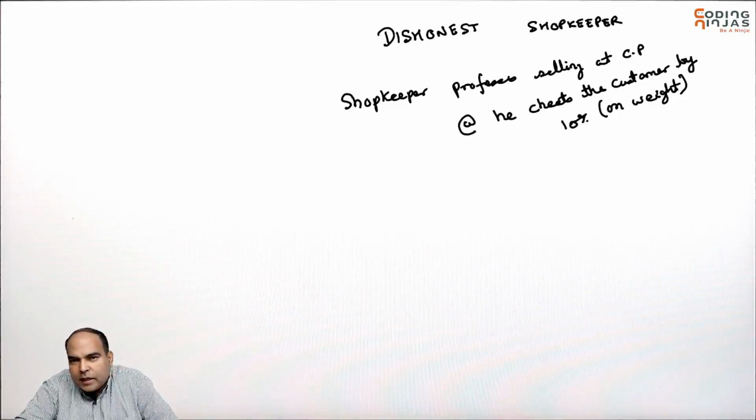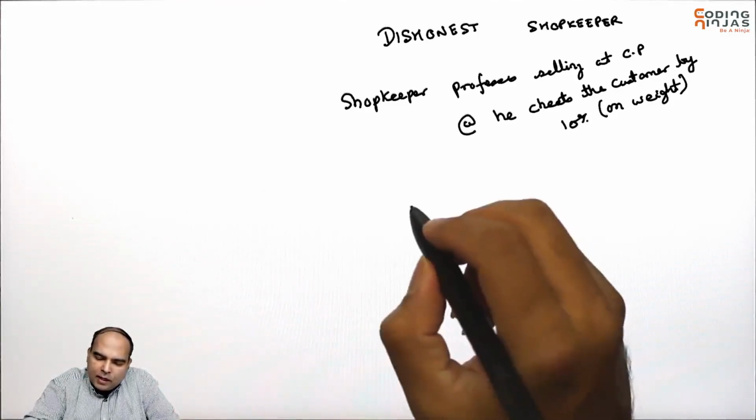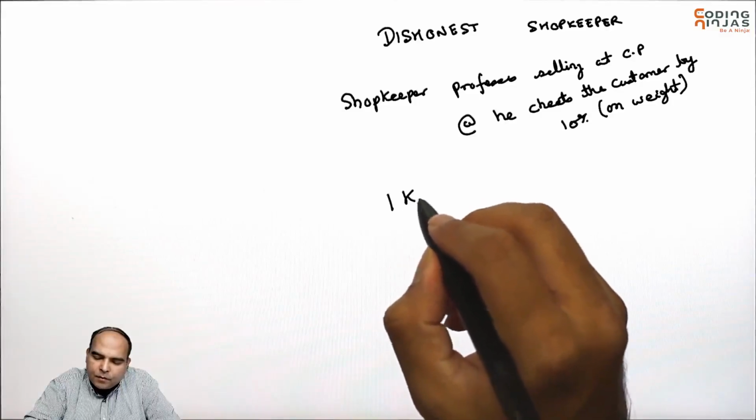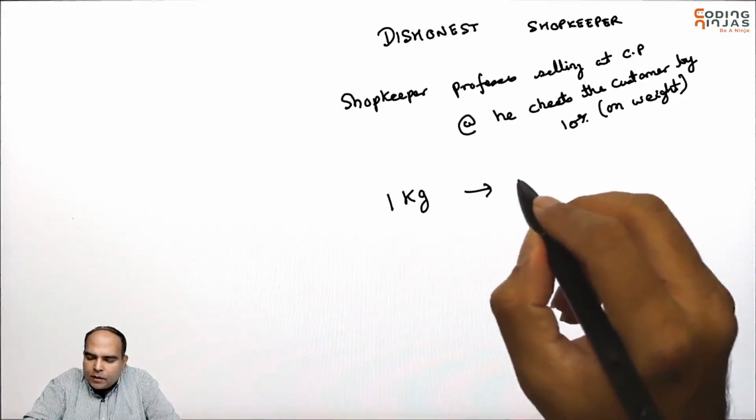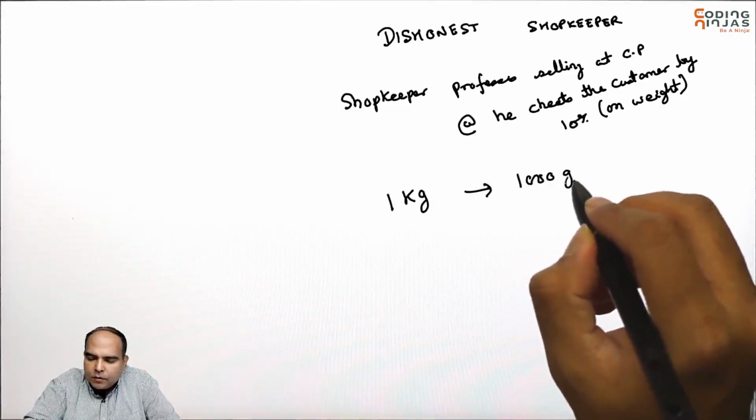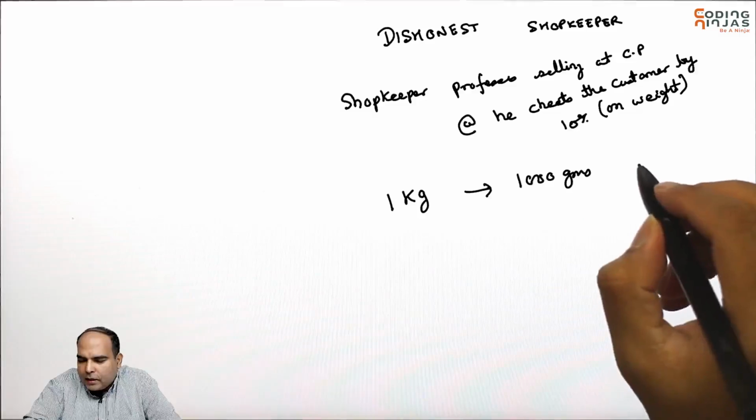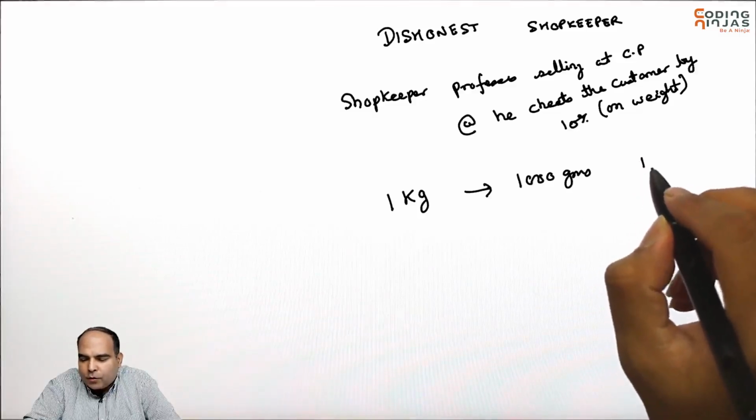In this case, the best way to think is that you assume he is selling 1 kg. 1 kg means 1000 grams. And you assume that the price of each gram is 1 rupee.